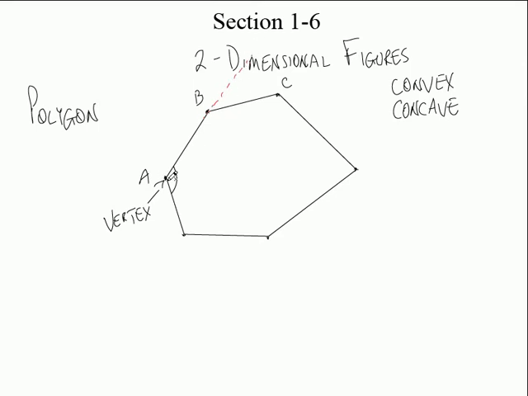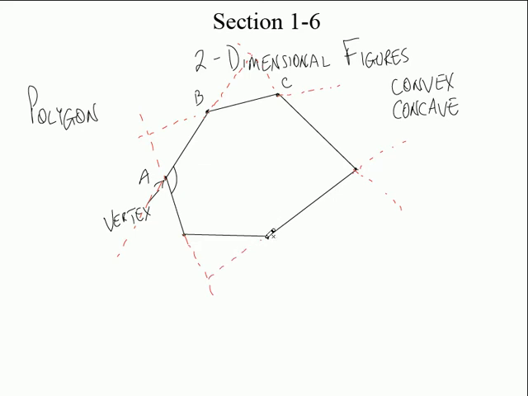Alright, if I was going to take that side, extend it, this side, see what I'm doing? I'm just taking all those sides and extending them. Look where those extensions, those red dotted lines, intersect each other. They intersect each other where? Alright, it's going to take me all day. But you get the idea, don't you?